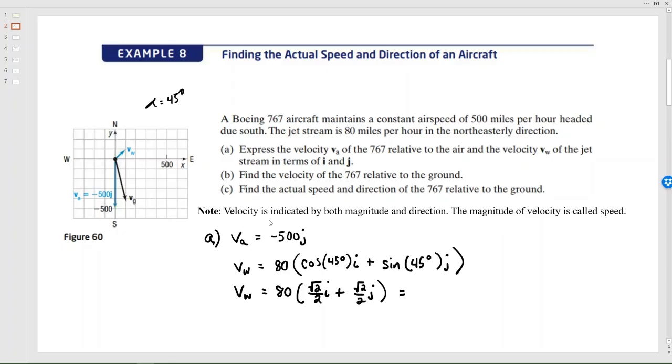Go ahead and distribute this wind jet stream here, and we'll get 40 times the square root of 2 i plus 40 times the square root of 2 j. Or we can just go ahead and factor that out. 40 square root of 2, and then here we would have i plus j.